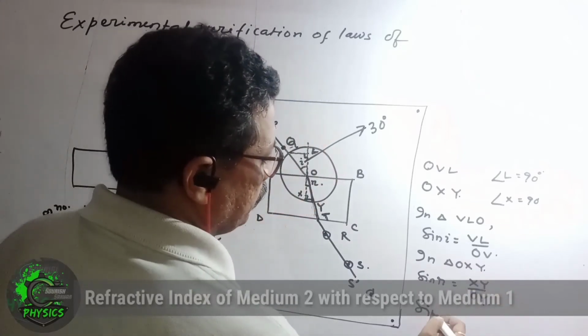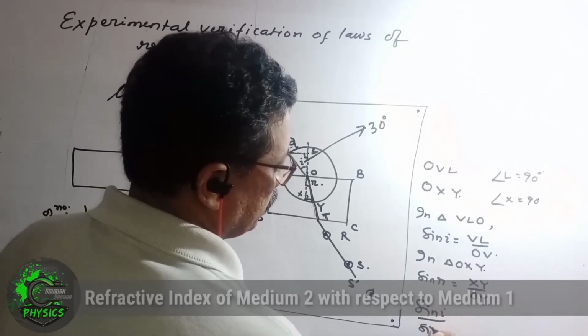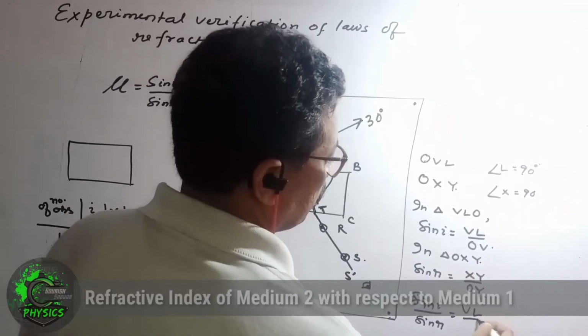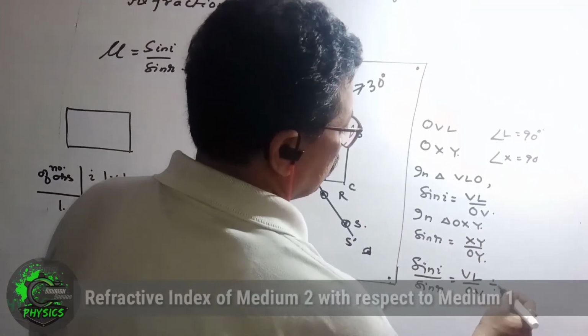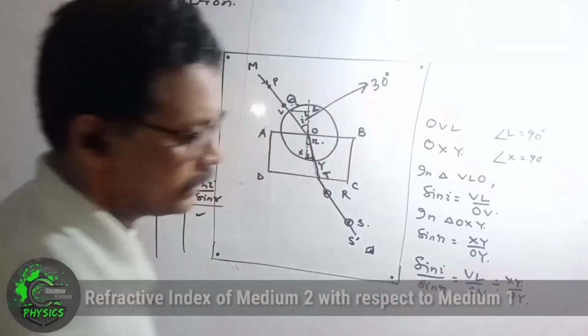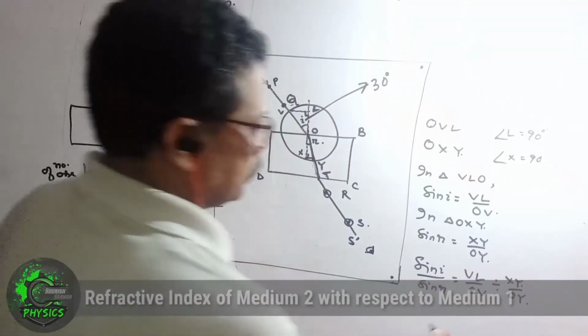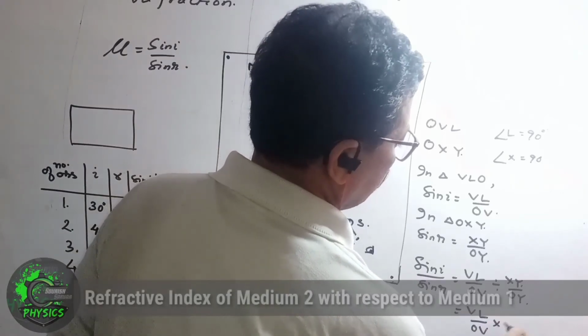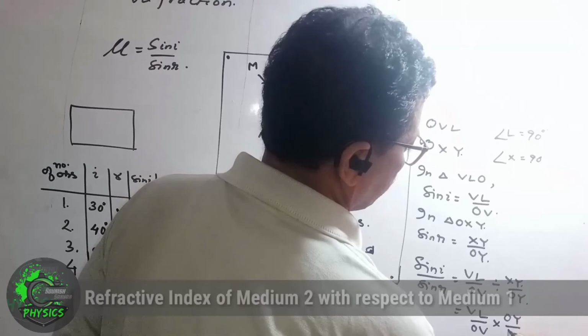So what is sin I by sin R? That is VL by OV divided by XY by OY. So the result is VL by OV into OY by XY.